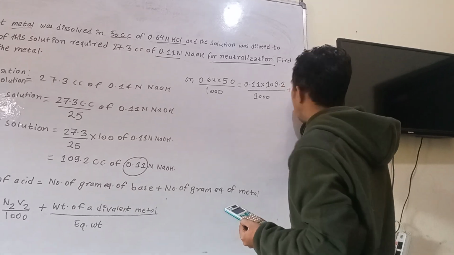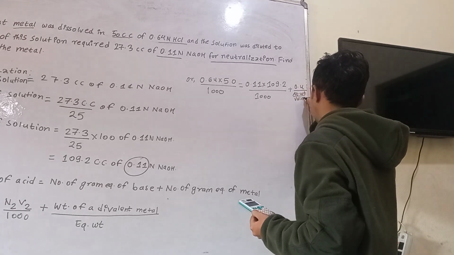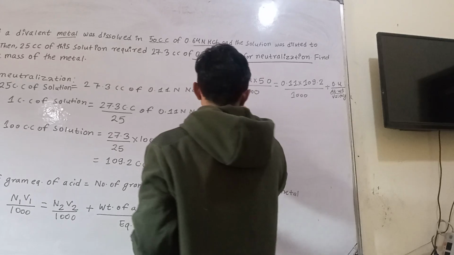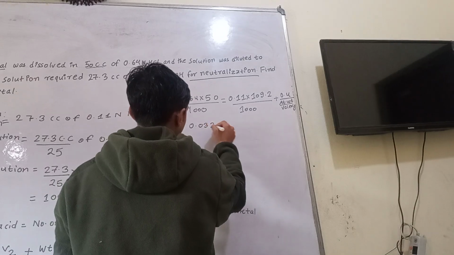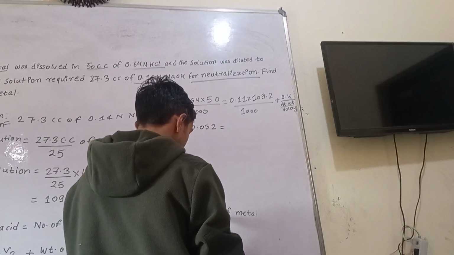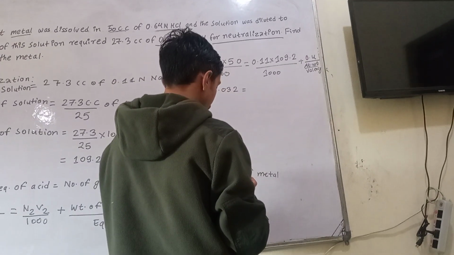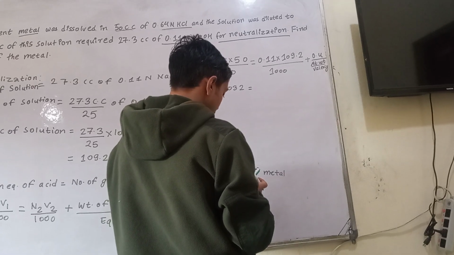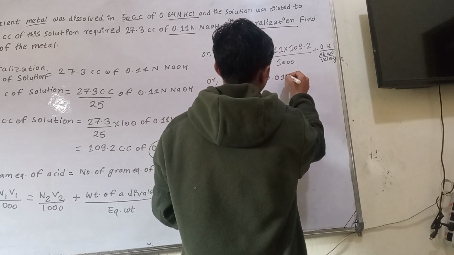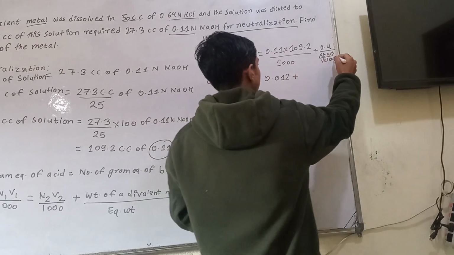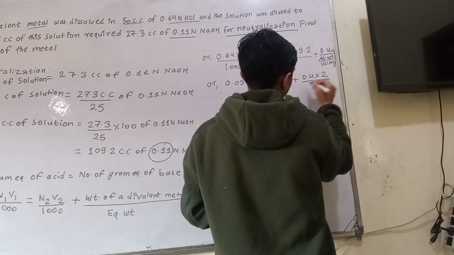The formula of equivalent weight is atomic weight upon valence. So 0.032 equals 0.11 into 109.2 divided by 1000, we get 0.012, plus this valency is multiplied in the upper section, 0.4 into 2 upon atomic weight.